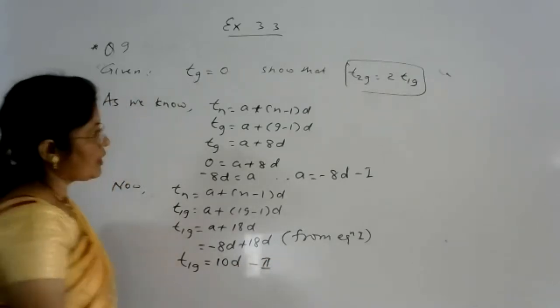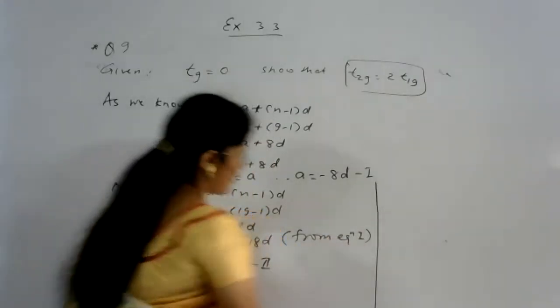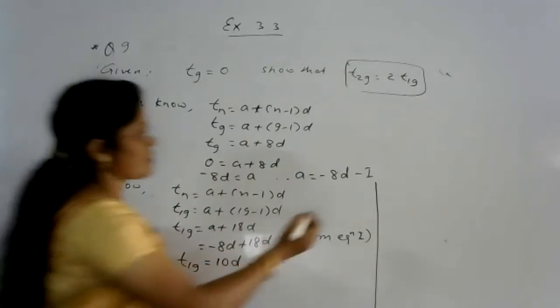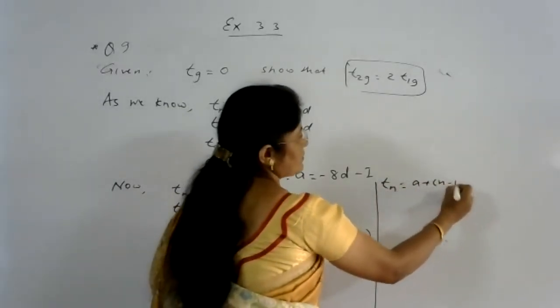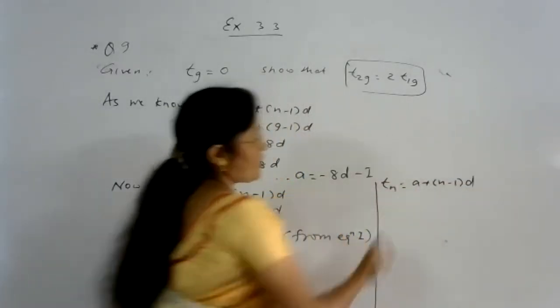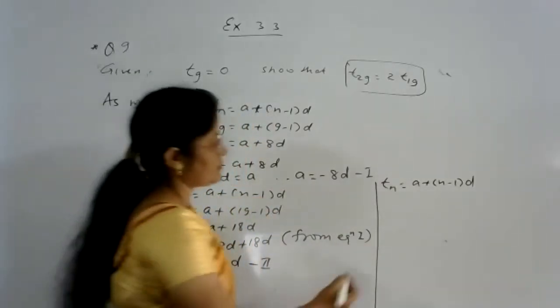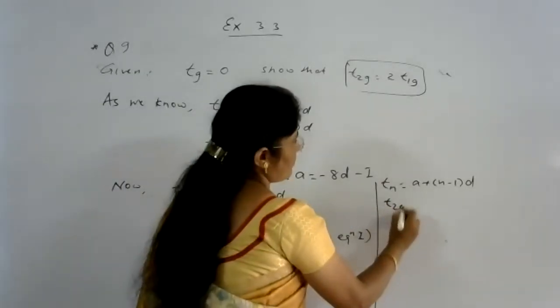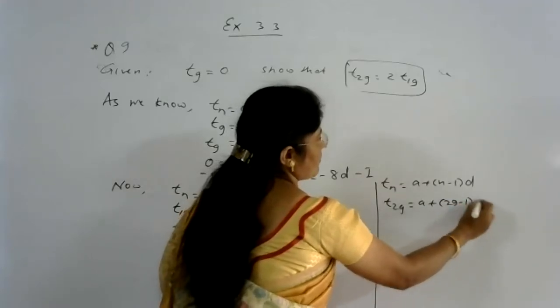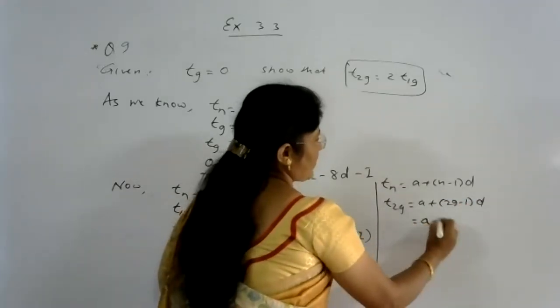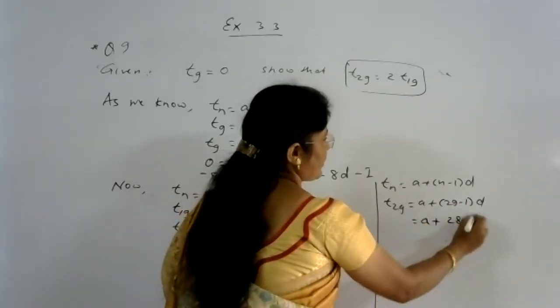Now similarly, same formula, Tn is equal to A plus n minus 1 into D. Just put n is equal to 29: A plus 28D.